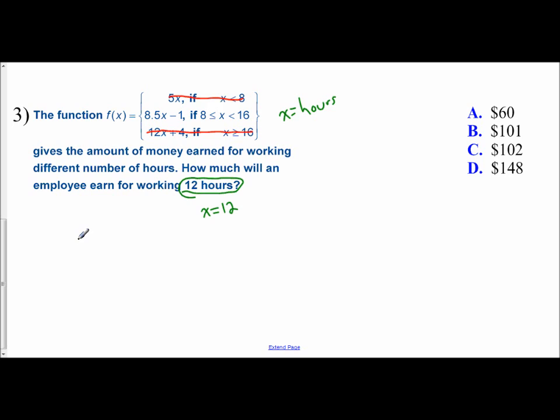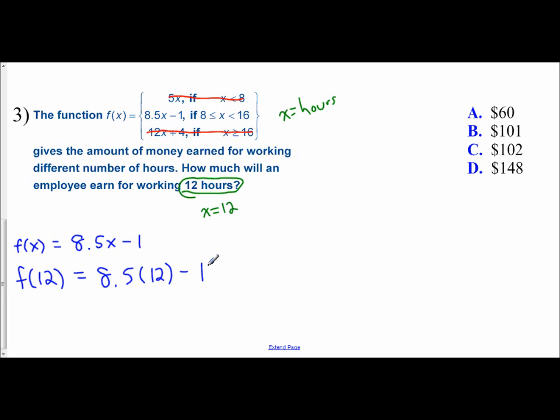I'm going to use the 8.5x minus 1. So that's the portion of the piecewise function I'm going to use, and I'm told x equals 12. So I'm going to find the value of the function at 12. So I plug in 12 for x.